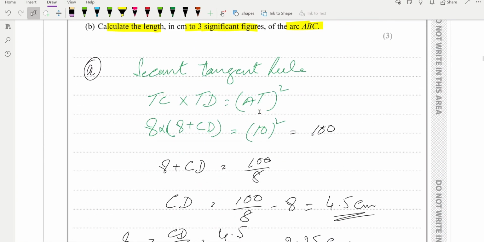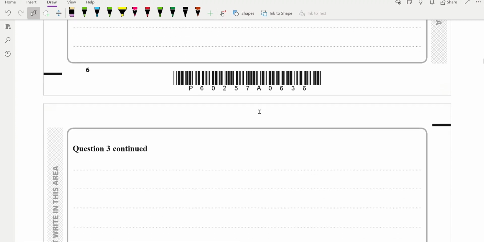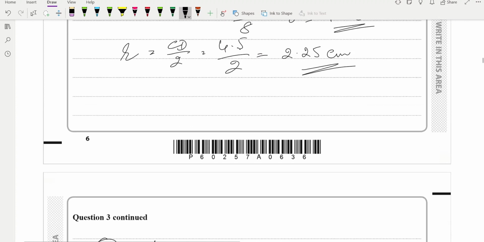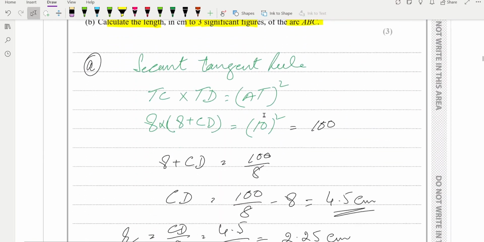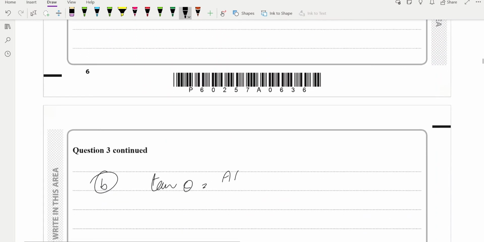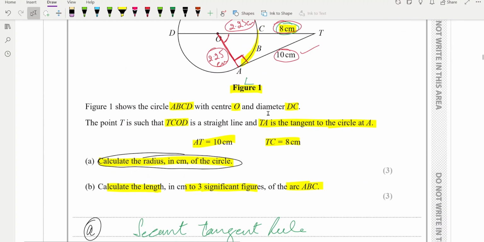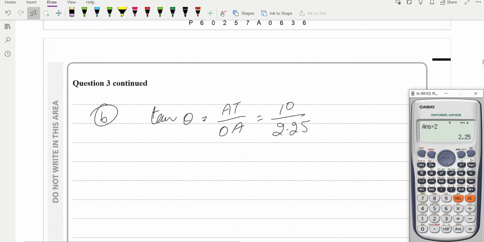So we can write tan theta, this will be opposite over adjacent, so this will be part B. Tan theta is equal to, from the diagram, AT over OA, and OA is the radius, which we have just calculated, 2.25, and AT is given, 10.